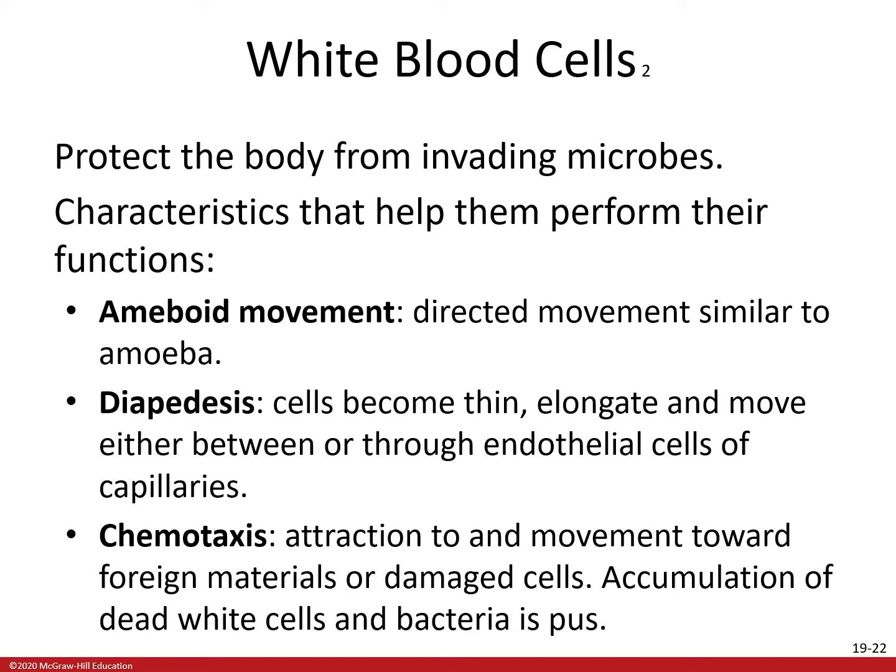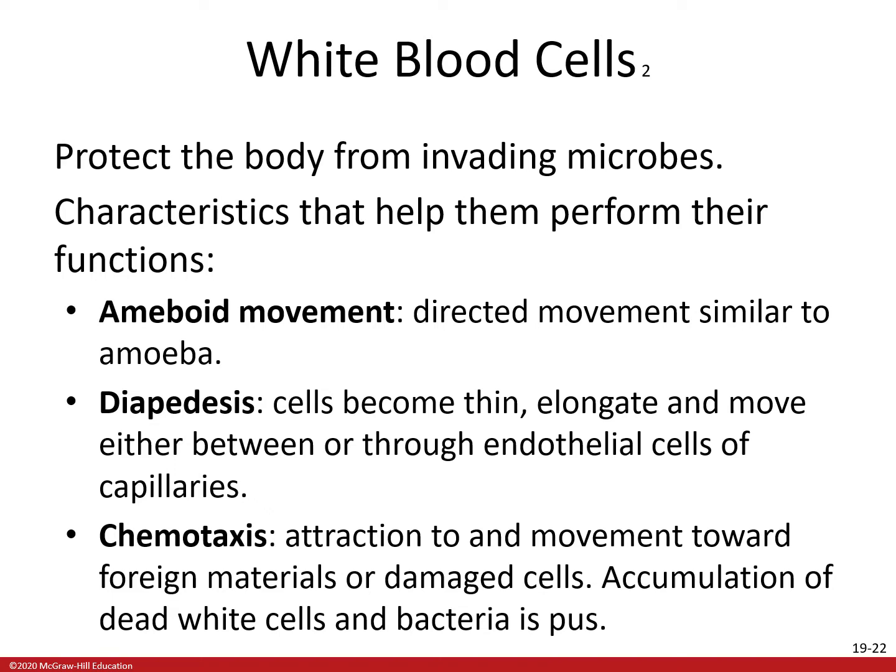So unlike red blood cells, amoeboid movement is going to be projections of the cytoplasm, which is going to be very unique and more about white blood cells being able to engulf whatever it is that they are trying to engulf, whether that is cells or possibly an infection of some type of microorganism.